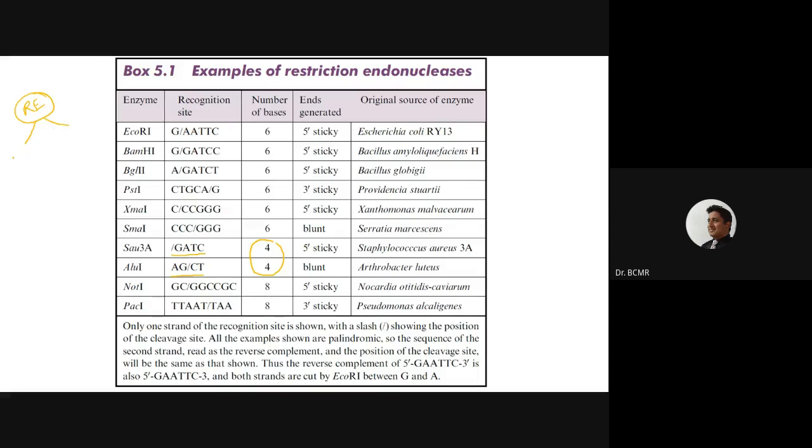One is restriction or endonuclease activity, that is, it is going to break the DNA or break the phosphate backbone. And there is one more, that is sequence specificity. They do not go and cleave anywhere randomly. They are going to cleave at a particular place.